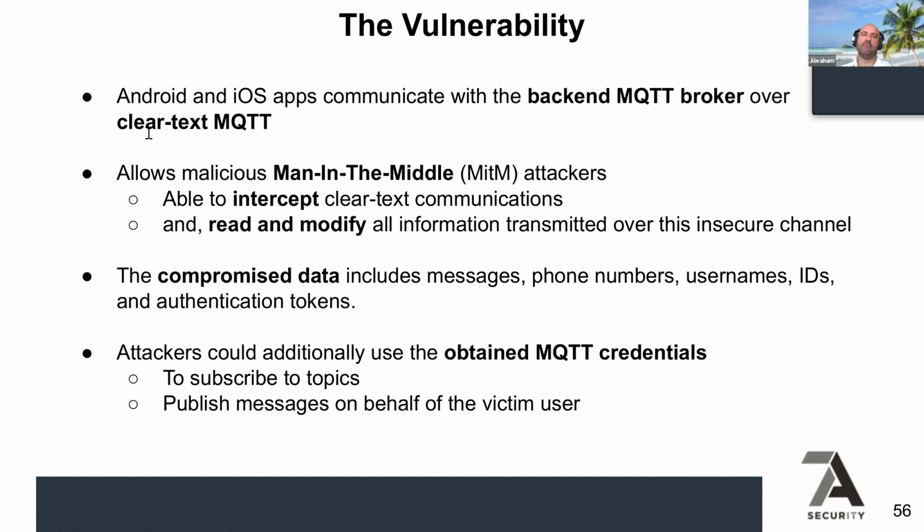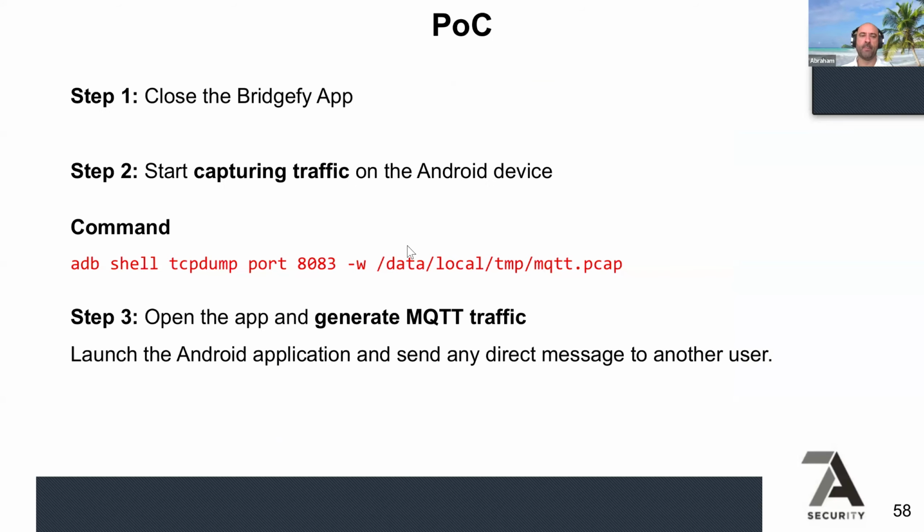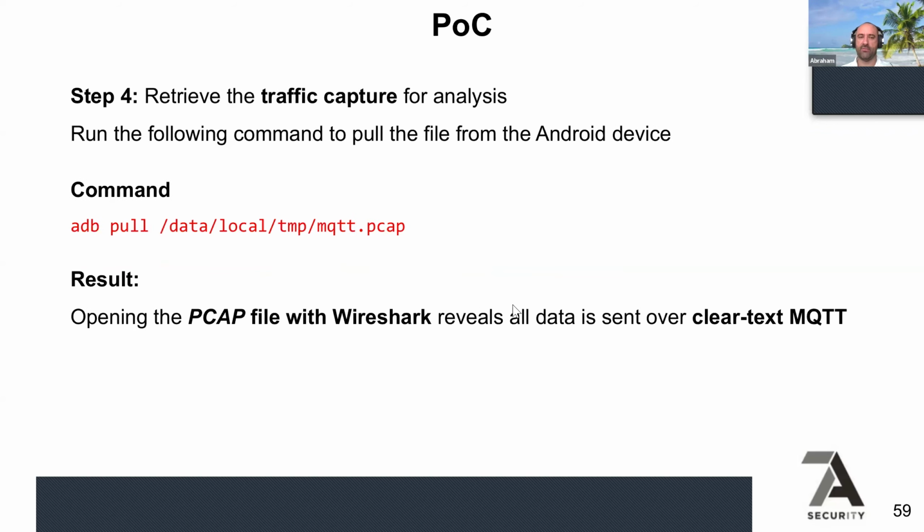But basically, if there's no SSL, if you're just using MQTT in clear text, anybody can man in the middle the traffic, and anything that goes through the wire, we would be able to see. So you could, for example, do the traffic capture itself from the Android device. You could do tcpdump and generate some traffic.